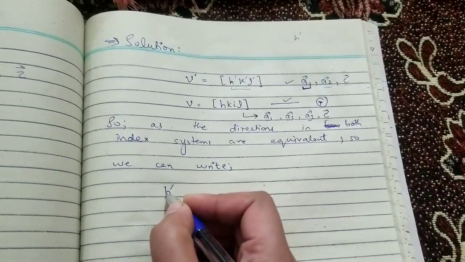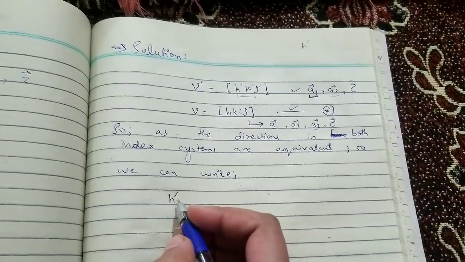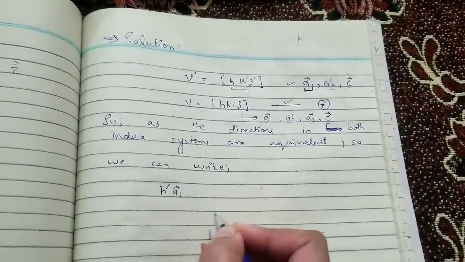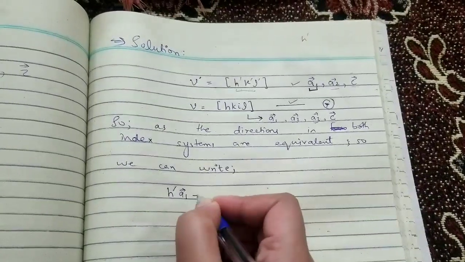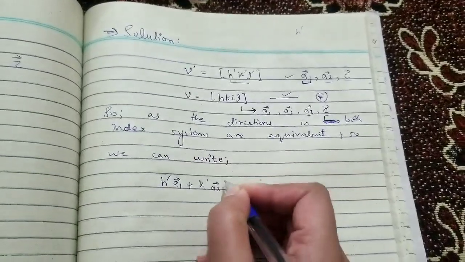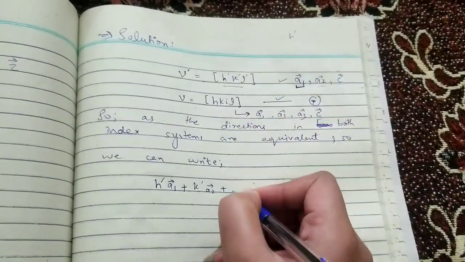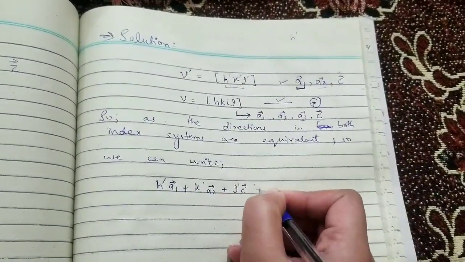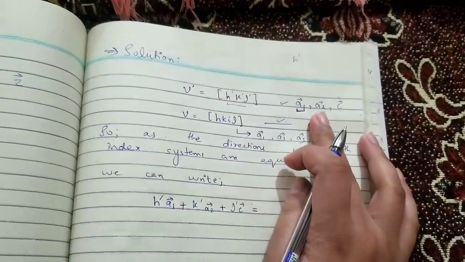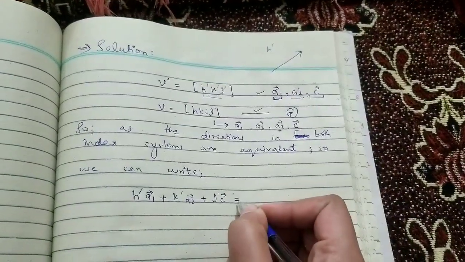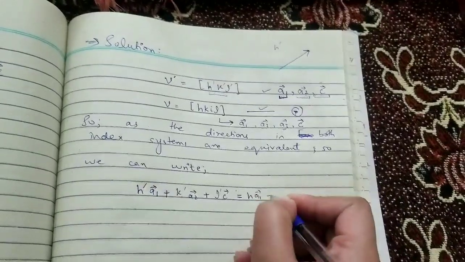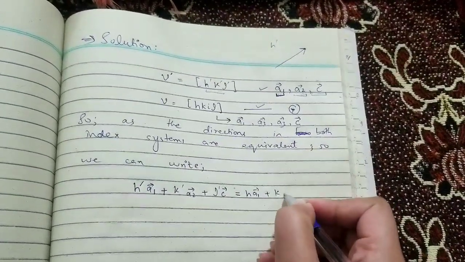So h prime is the index in the a1 direction, so h prime into a1 vector plus k prime into a2 vector, and l prime into c vector equals, this is something that we are writing in the 3-digit index system, and that will be equivalent to h into a1 vector plus k into a2 vector.